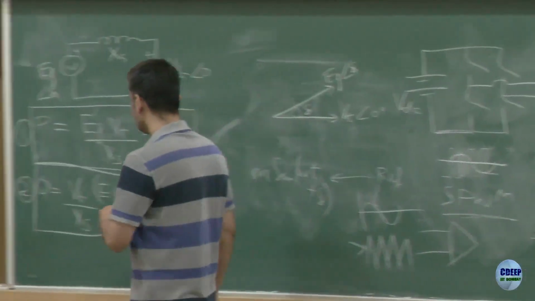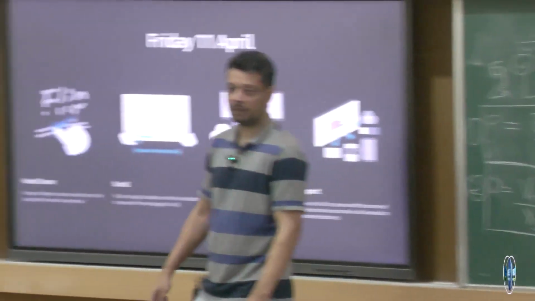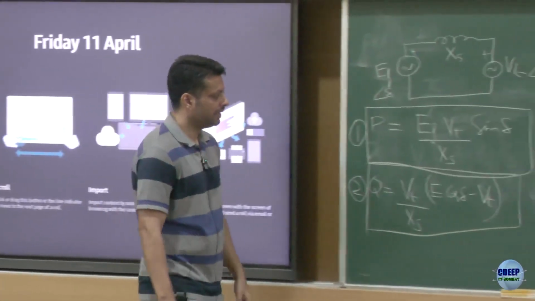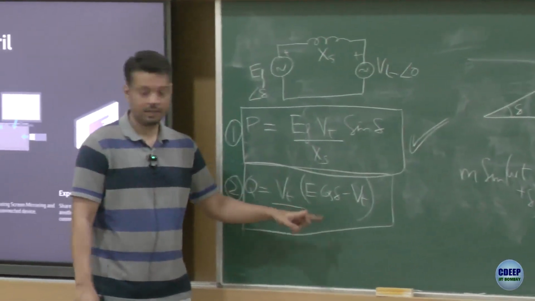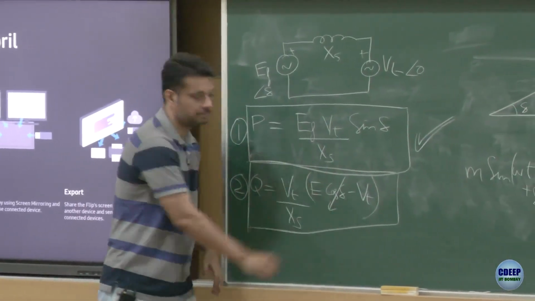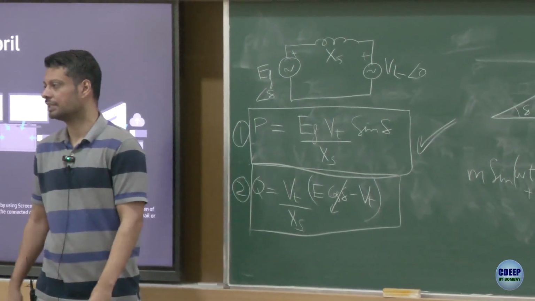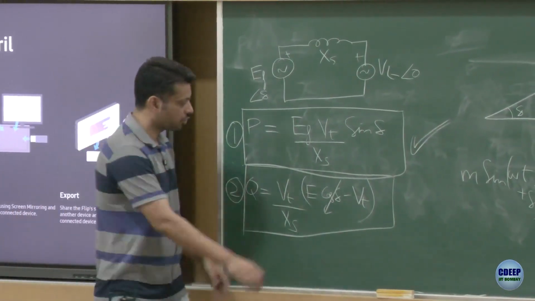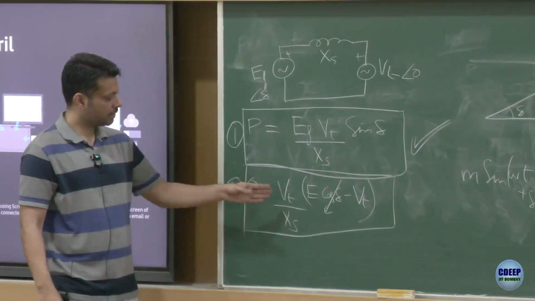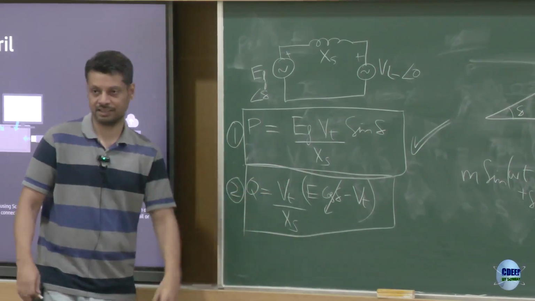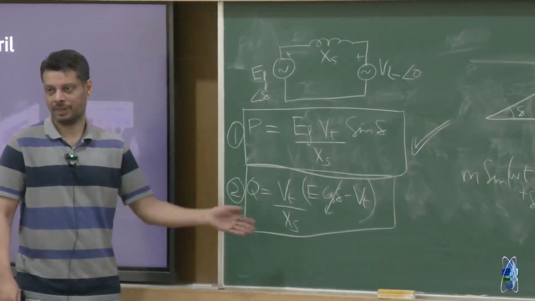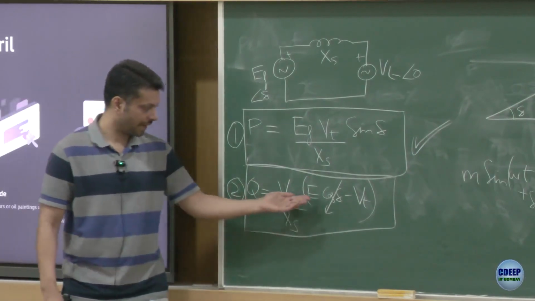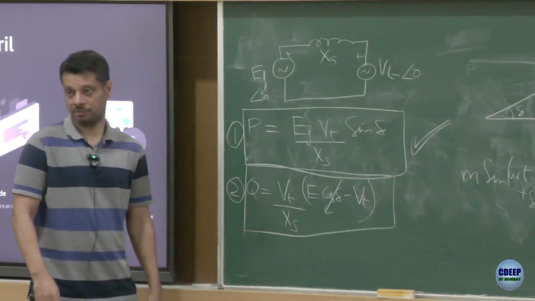If you look at the second equation, it defines the reactive power. Usually if delta is small, cos of delta would be 1. So imagine Q equals Vt upon Xs into (E minus Vt). An easy way to control it is the magnitude of E and Vt.